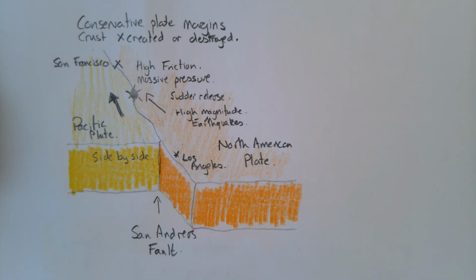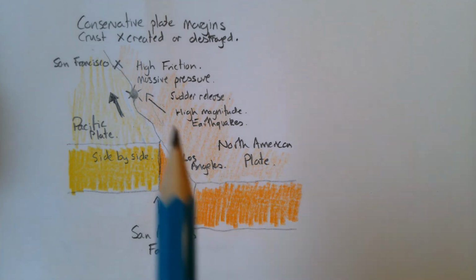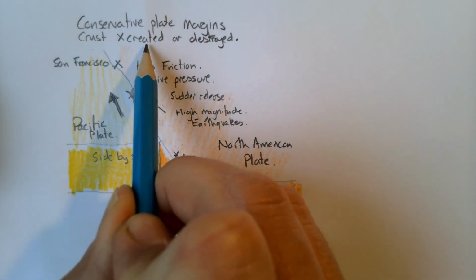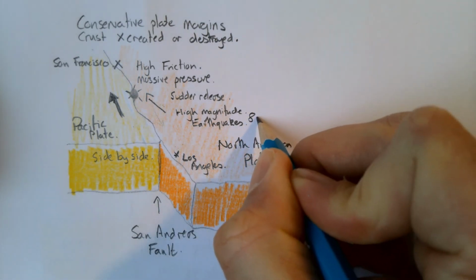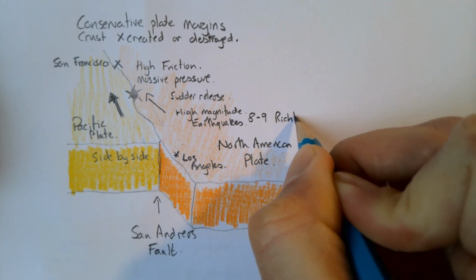Why do we not find volcanoes at conservative plate margins? Exactly right. It's because the crust is not created or destroyed here. So what tectonic hazards can I expect to find? Earthquakes, well done. And how would you describe the magnitude of these earthquakes? Yes, they can be very high magnitude, sometimes 8 to 9 on the Richter scale.